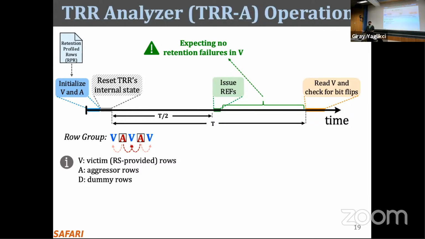So that experiment won't be useful. For that reason, it is very important to issue those refreshes at the middle point or at some point where we know that no retention failures will happen. We know that by carefully profiling these rows and knowing their minimum retention time, and using t to be equal to their retention time, not much larger than that.